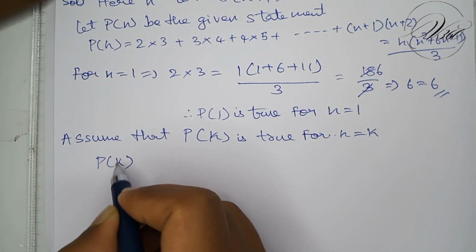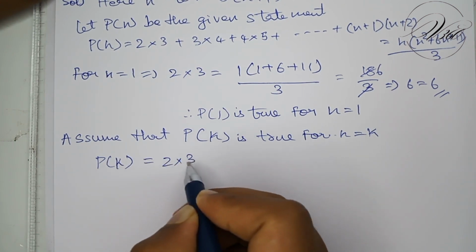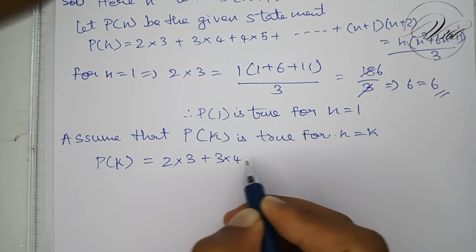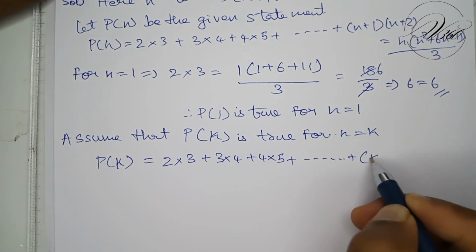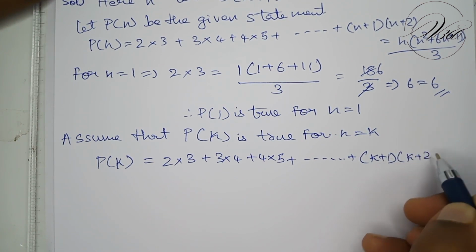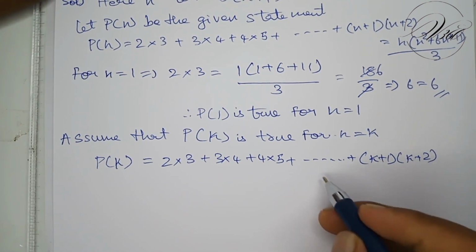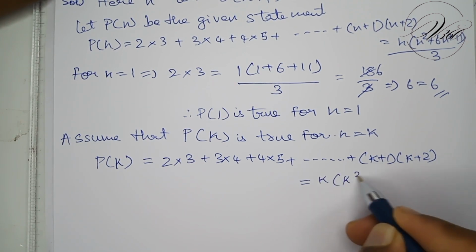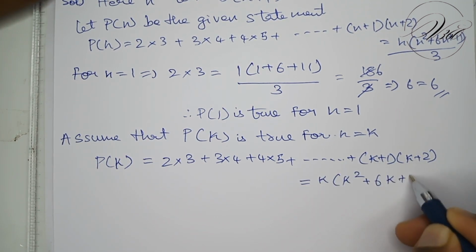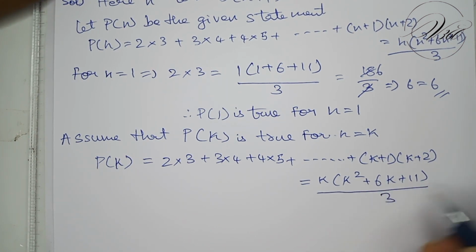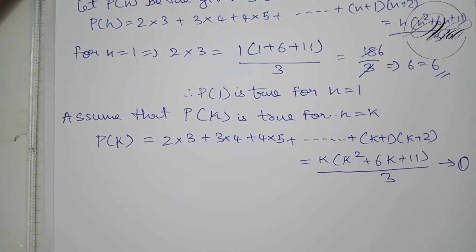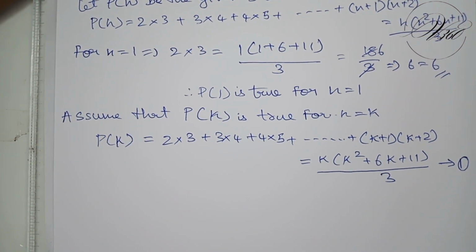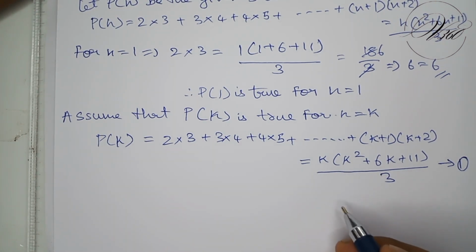P of k equals 2 into 3 plus 3 into 4 plus 4 into 5 plus (k plus 1)(k plus 2), which is k(k square plus 6k plus 11) by 3. These are simple multiplications, but the answer is too lengthy, so you may think it is hard, but it is simple. We should just remember the three steps to prove and then write down the answer.